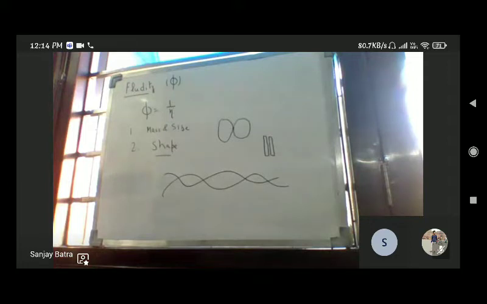As a result, viscosity increases manifold. Sir, could you please repeat once? Okay. Molecules having large flexible chains like polymers entangle with each other and offer more viscosity.